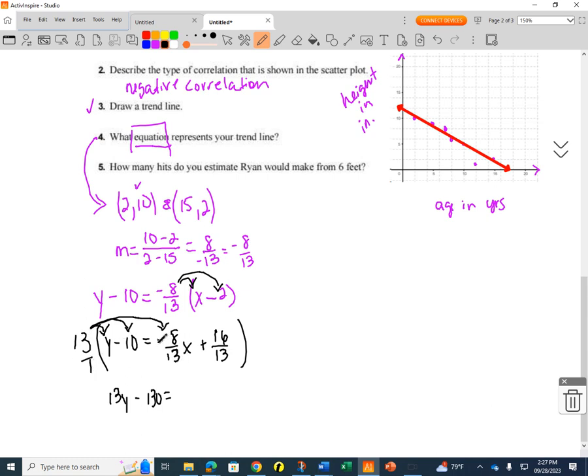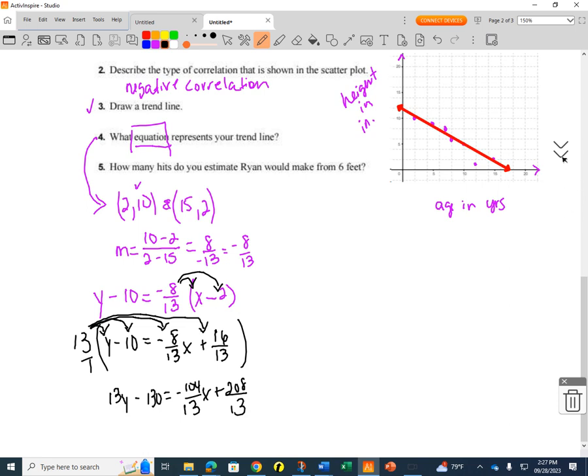that's going to be negative 13 times 8. That's going to be negative 104 over 13, and that's x, plus 16 times 13 equals 208 over 13.